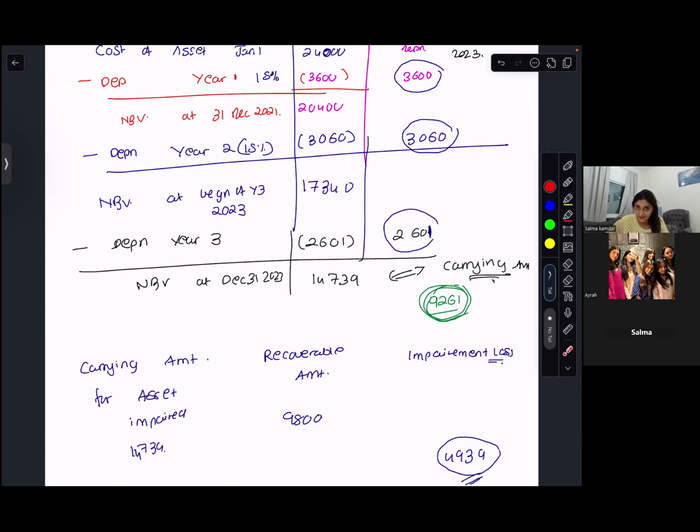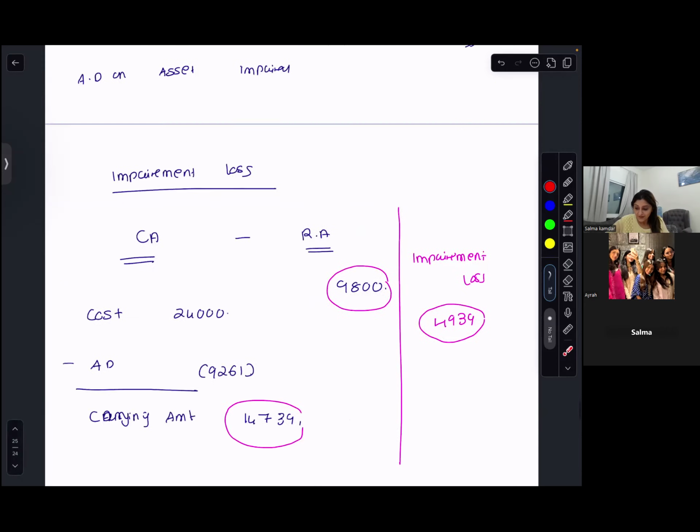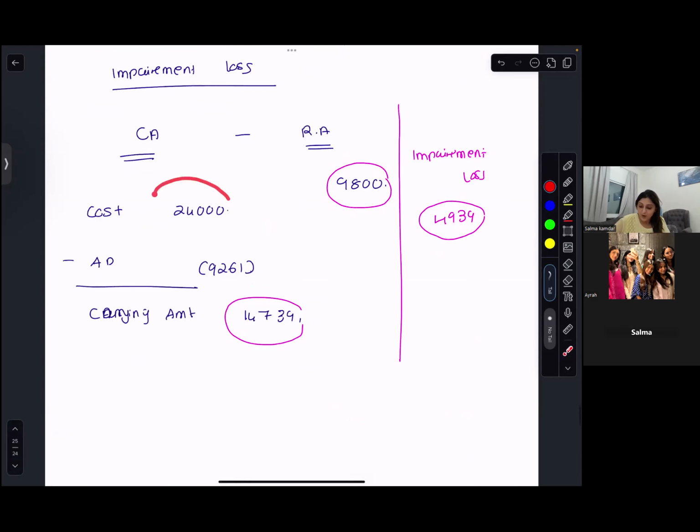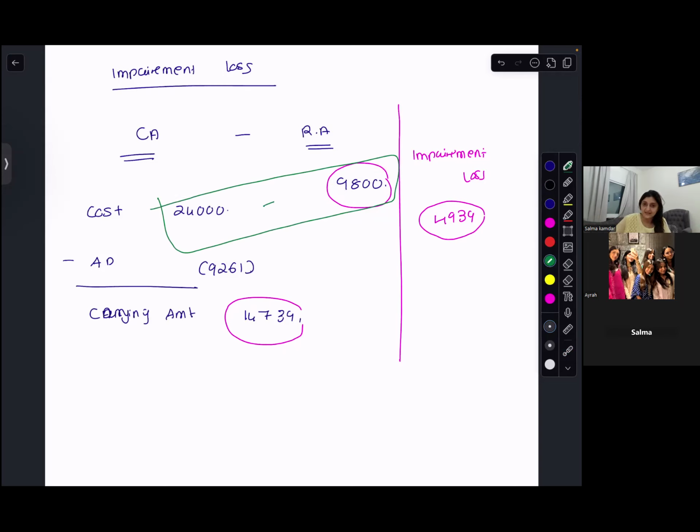Now if I remove cost from this cost, I'm going to remove the full 24,000, but I am still going to have 9,800 lying with me. So from my cost section, what I am going to remove is 24,000 minus 9,800.